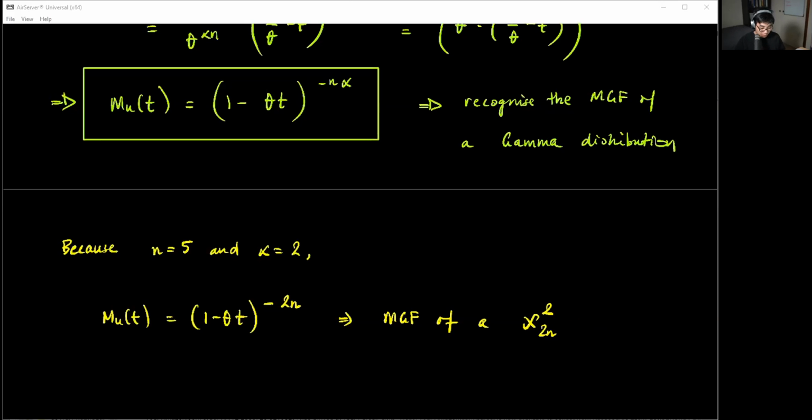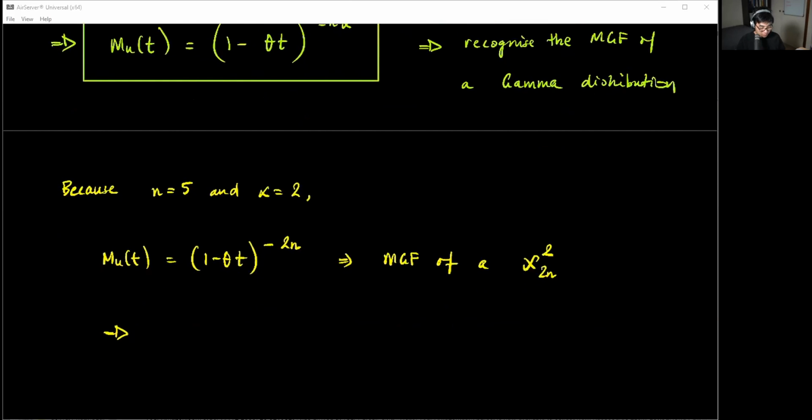So what can we do here? From here we can say therefore the sum is going to be, if n is 10, chi-squared with 20 degrees of freedom. Actually, no, 10 degrees of freedom because n is 5.